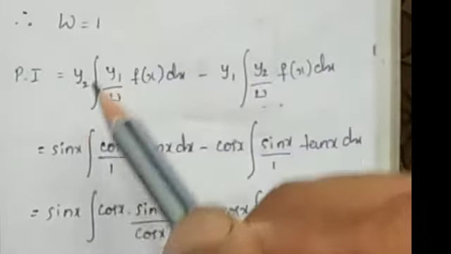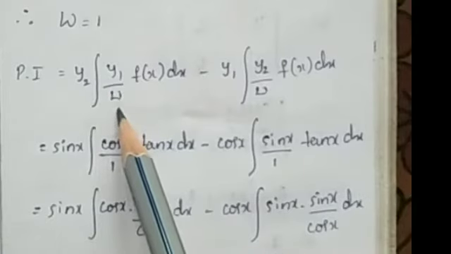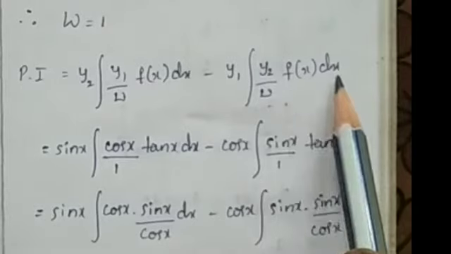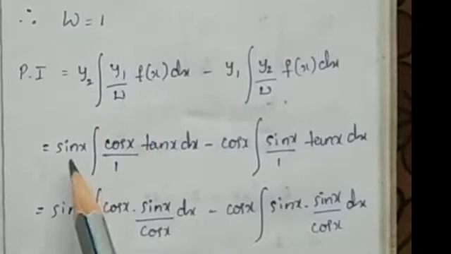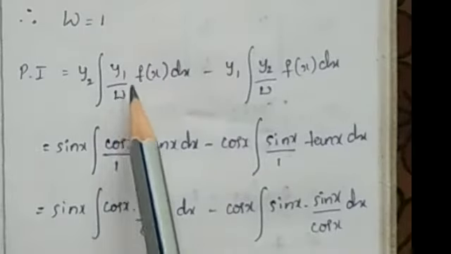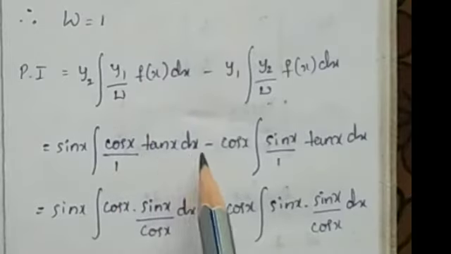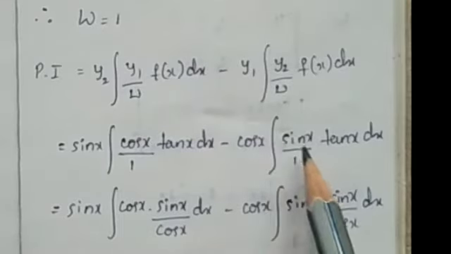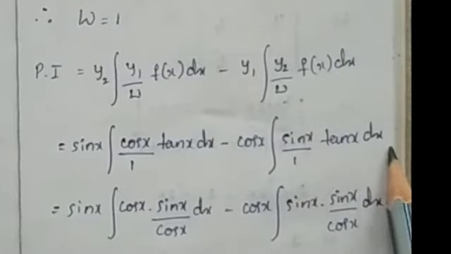So the particular integral is y2 into the integration of y1 by W f of x dx, minus y1 into the integration of y2 by W f of x dx. Then you substitute the values of y1, y2 and f of x. So you get y2 is sin x, integration of y1 is cos x by W, which is 1, into f of x is tan x dx, minus y1 is cos x, integration of y2 is sin x by W is 1 into f of x is tan x dx.